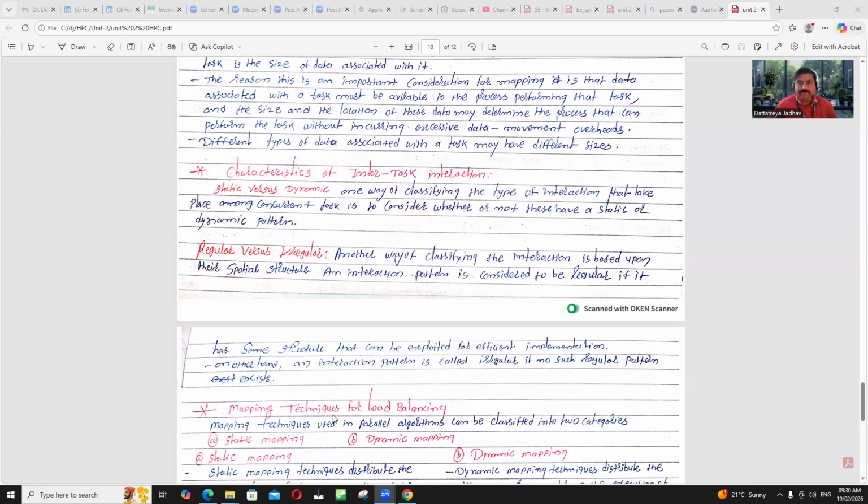If we know the task, we can execute using the parameter. If we do not know, we cannot find out the size.